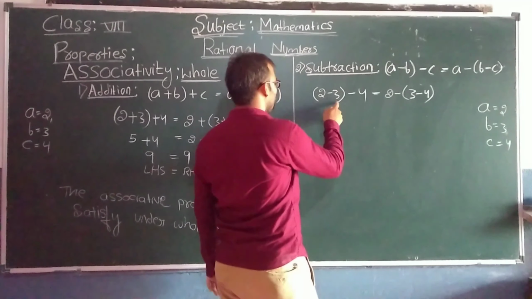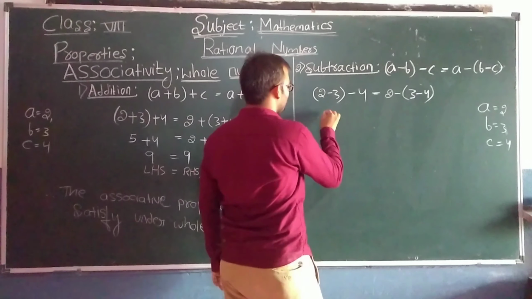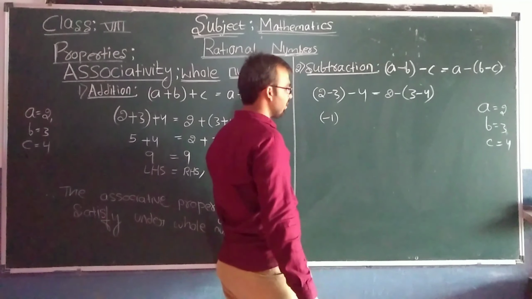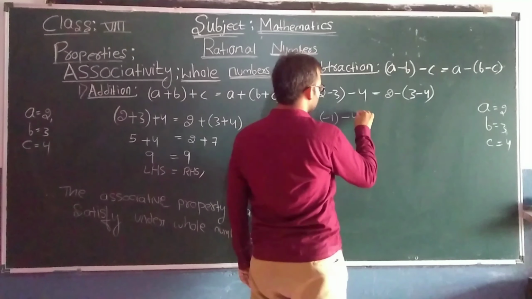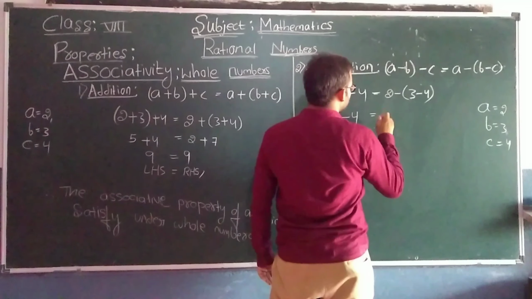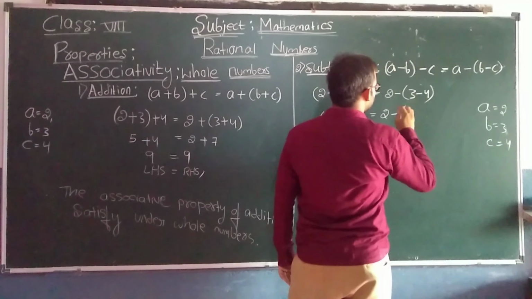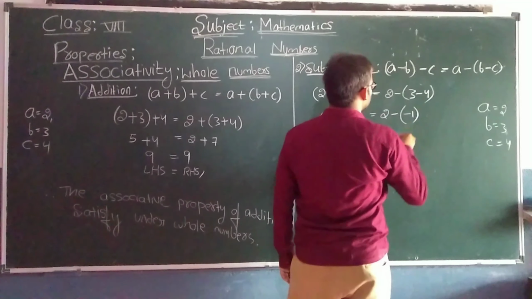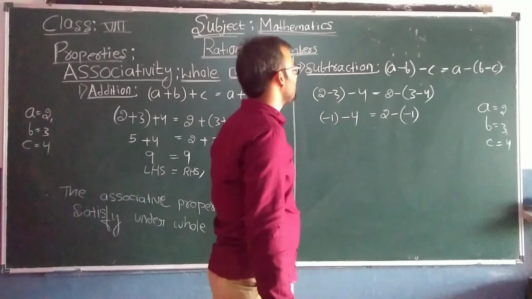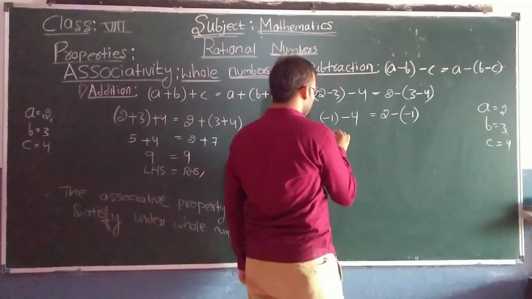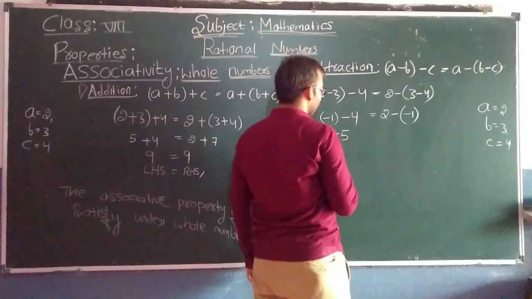Now 2 minus 3 is minus 1, and this is minus 4. So minus 1 minus 4 can be written as minus 5.